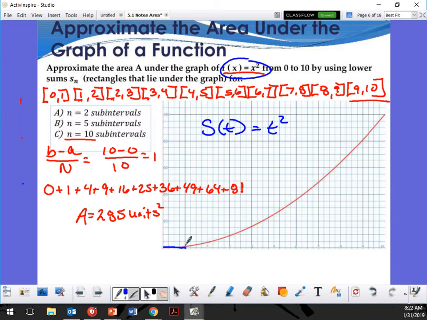So that starts off at 20, so that makes that 10, and that 5. So the next one is going to be here to here. After 2 seconds, how far did I travel? 1.